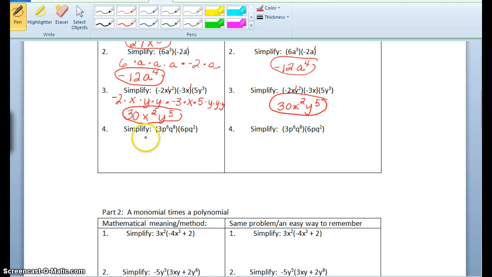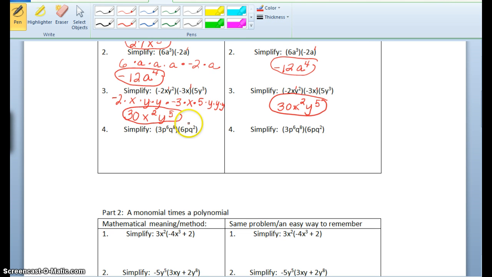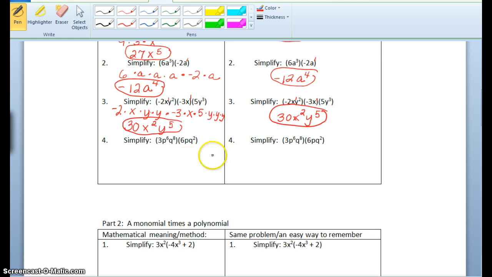Then finally, for number 4, we've got p's and q's. It doesn't matter, we do them the same way. Mathematically, or the way I like to call it, a little bit of the long way, but that's okay. To expand this out is the same as 3 times p times p times p times p times p times p times q times q times q times q times q.